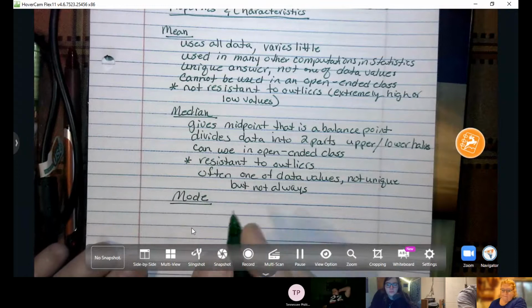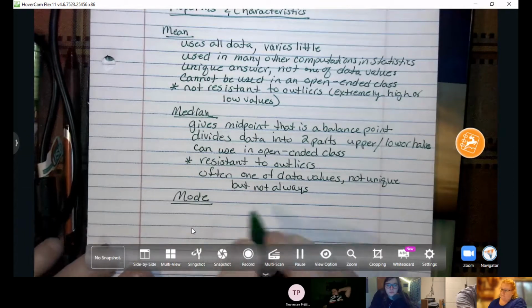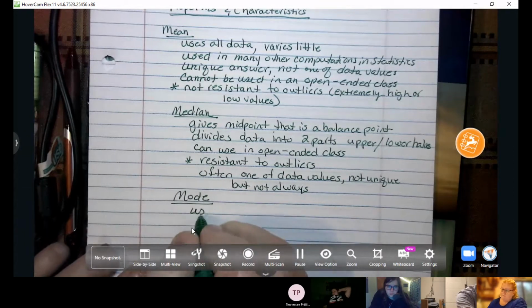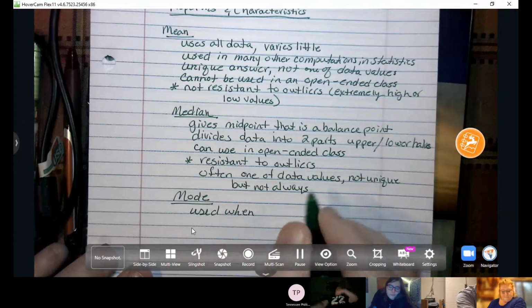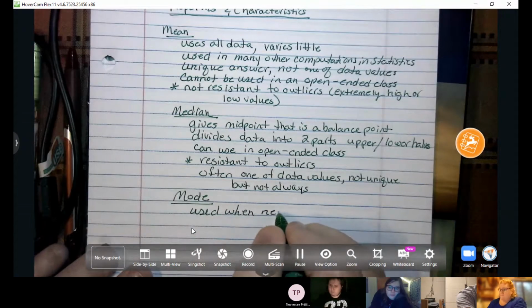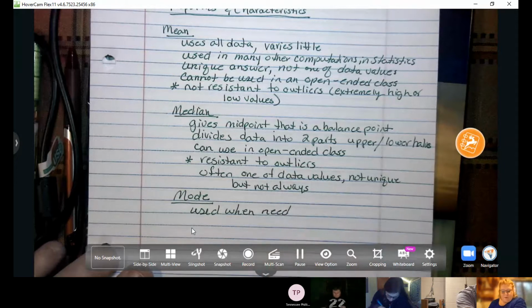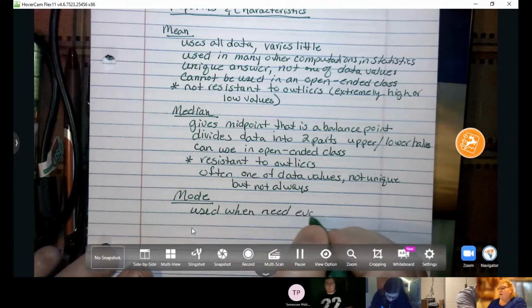For the mode, you use it when you need evaluation of the most typical case.